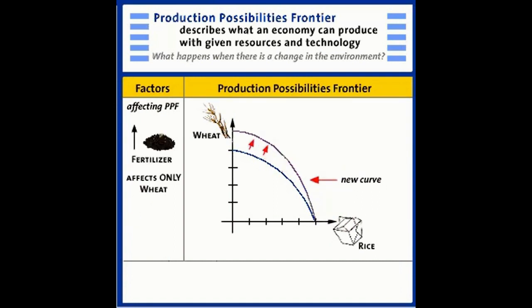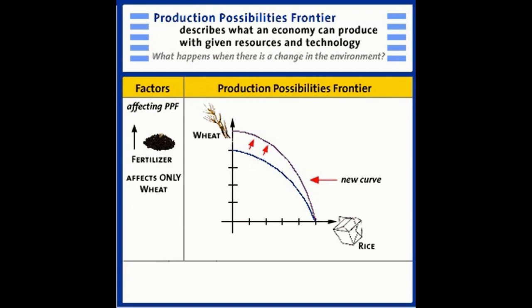But if the economy devoted all of its resources to the production of wheat, they might be able to produce 120 bushels of wheat with this new fertilizer. The new fertilizer increases the productivity of wheat without changing the productivity of rice. So we get a skewed shift in the production possibilities curve, one that is slanted in the direction of increased wheat production without changing the productivity of rice.